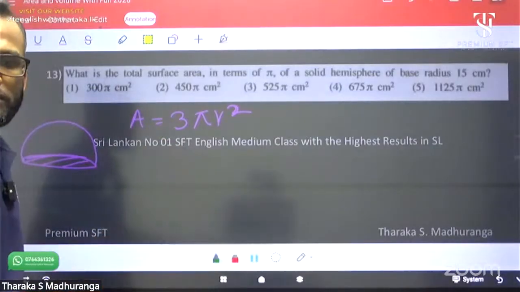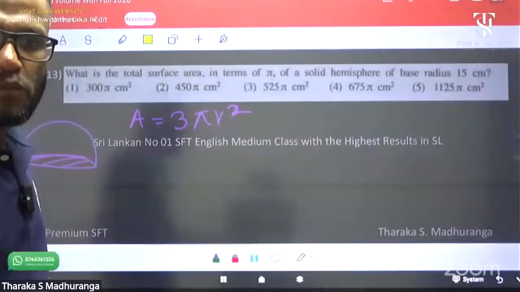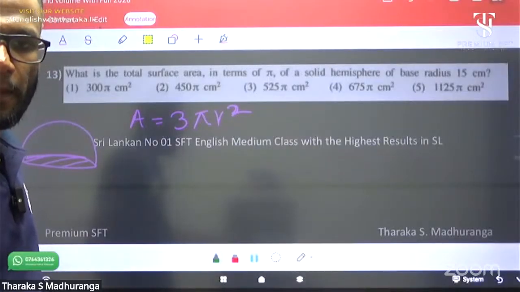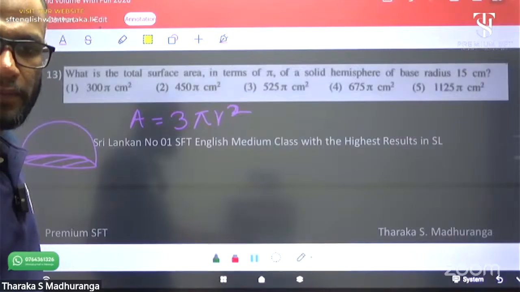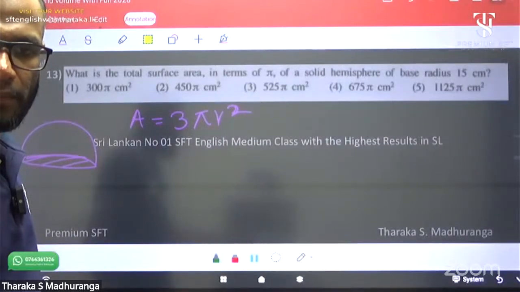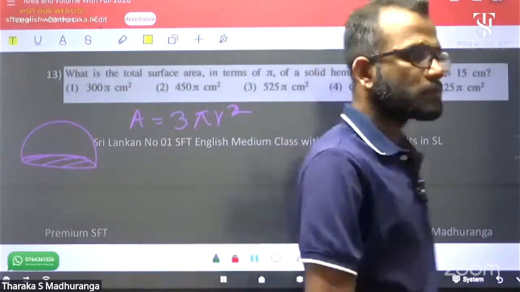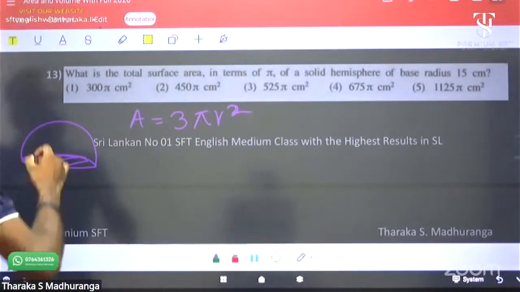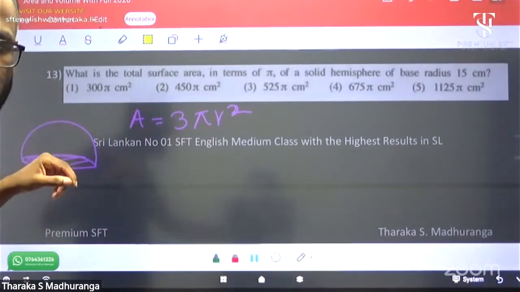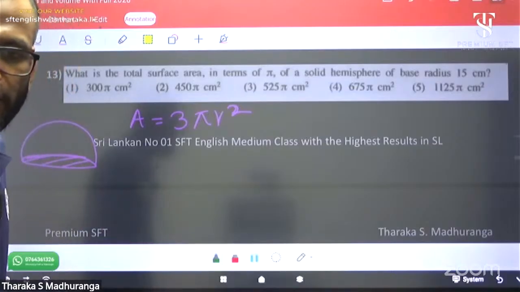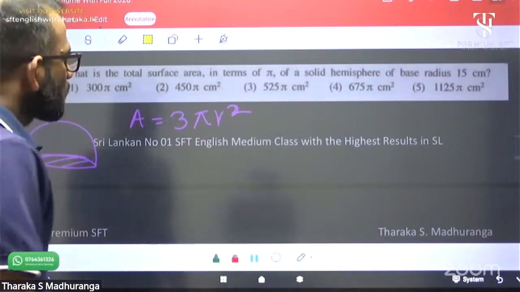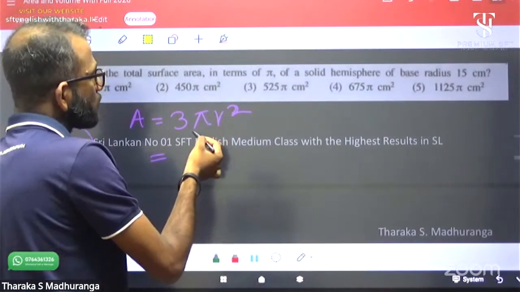3 pi r squared: 2 pi r squared for the curved surface plus pi r squared for the circle. 3 is a constant.